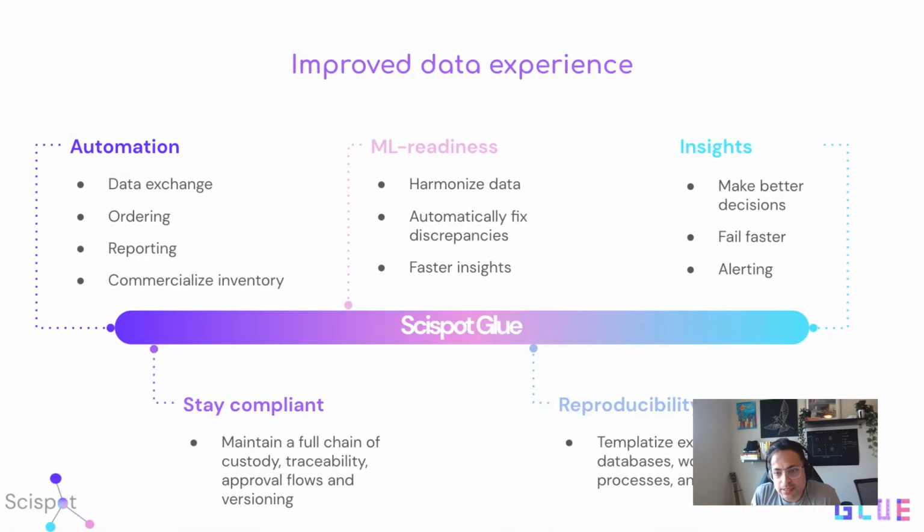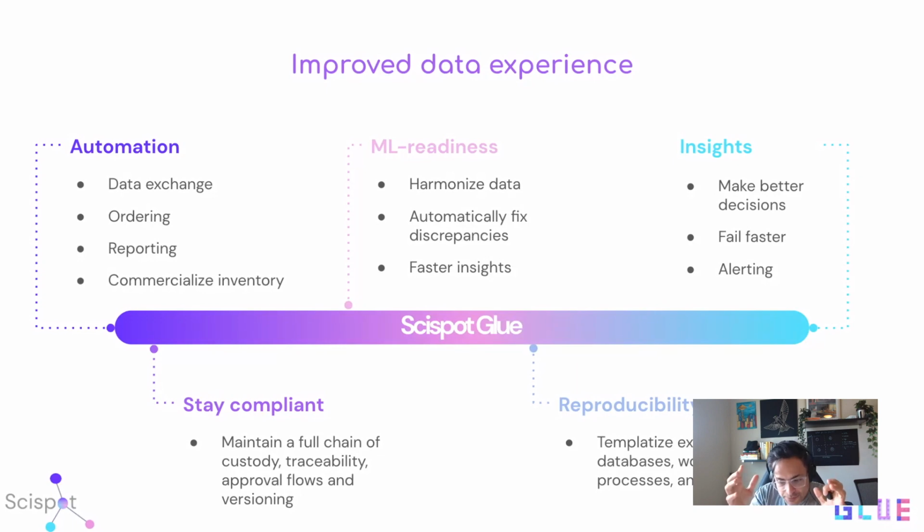So what are the outcomes that you get from Scispot Glue? The main outcome is improved data experience, because the folks we work with are really smart scientists, researchers, computational folks. But one of the pain points they've raised is that maintaining the pipeline and doing a lot of DevOps work causes a lot of issues, where the operational aspect is not something they look for.